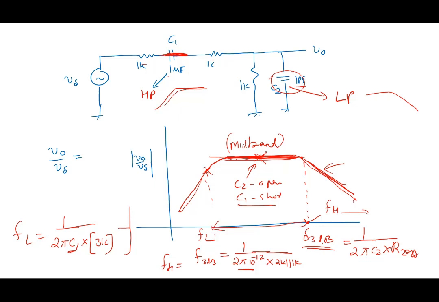At lower frequencies gain varies with frequency, at higher frequencies gain varies with frequency, and in the middle there's a region where gain is independent of frequency. That turns out to be the most important range. We want to know FL and FH in an amplifier, because that defines the range within which I can use my amplifier, between FL and FH. Okay?